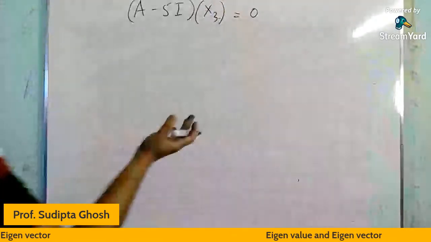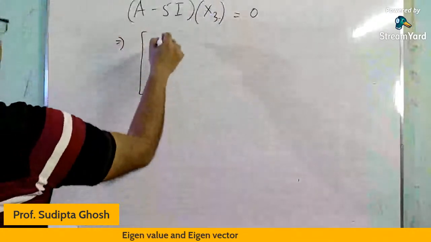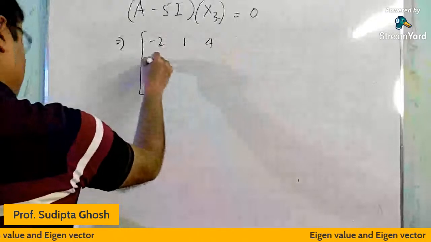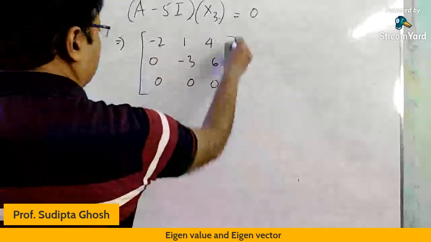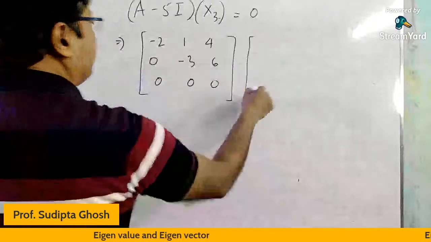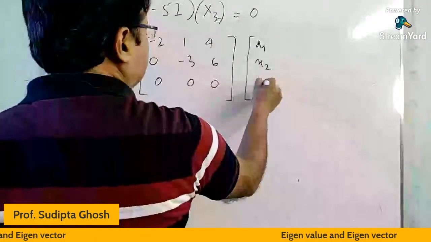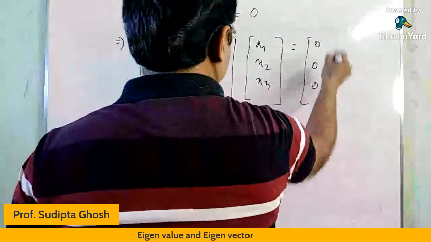After subtracting, we find the matrix as -2, 1, 4, 0, -3, 6, and then 0, 0, 0. For X3, again we write x1, x2, x3 as the elements, and again 0, 0, 0.